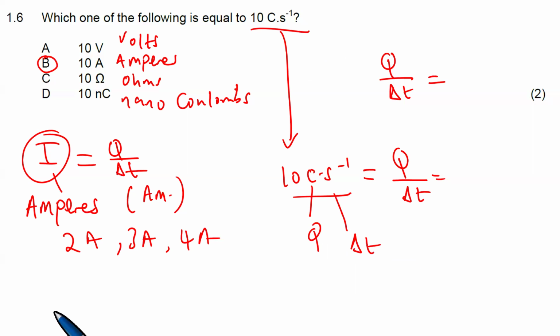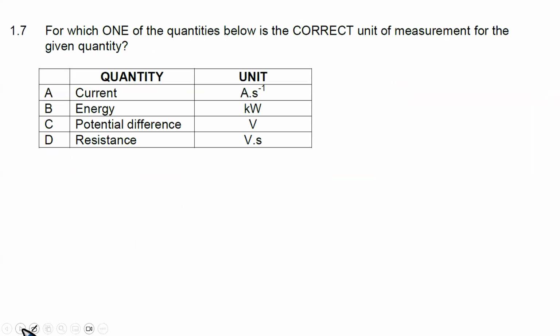Next question. Okay, for which one of the quantities below is the correct unit of measurement for the given quantity? A, the quantity is current, the unit is amperes per second. B, energy is kW, that's like the kilowatt.